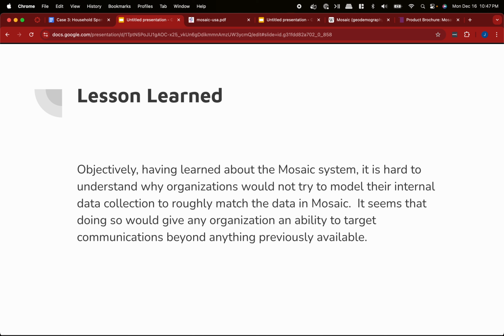I don't really understand why any organization would not be trying to copy it, or at least roughly hook into it in some way to be able to leverage it. Doing so would give any organization an ability to target communications beyond anything previously available to them.